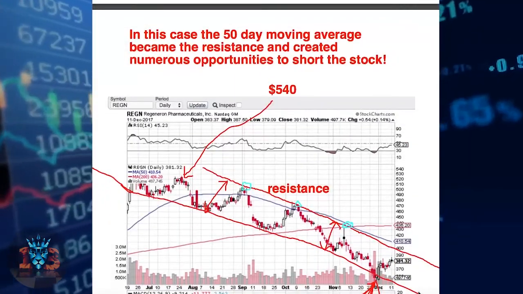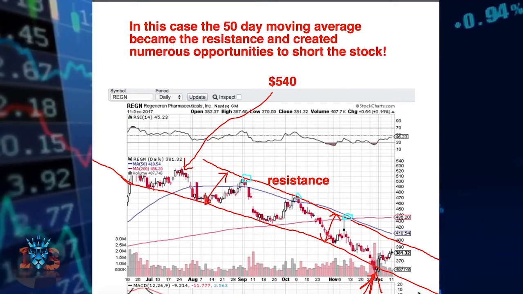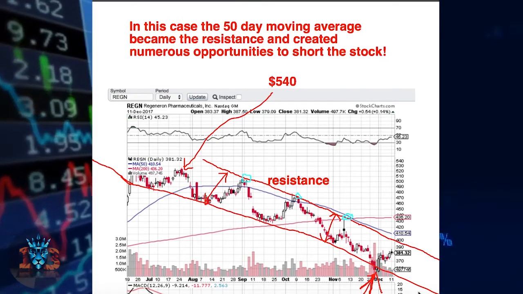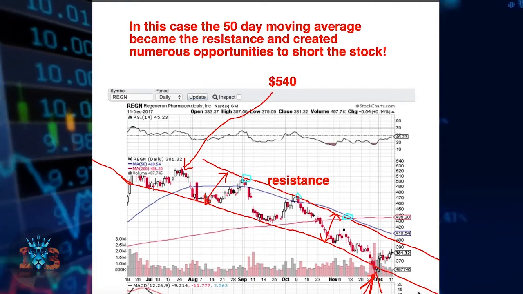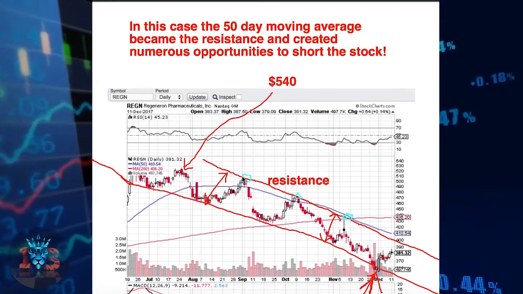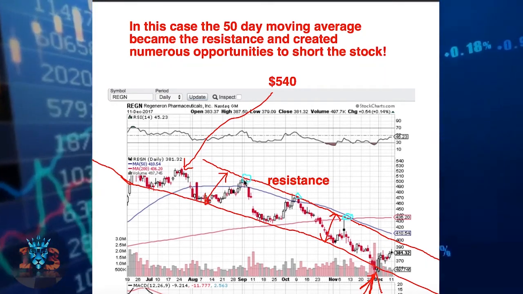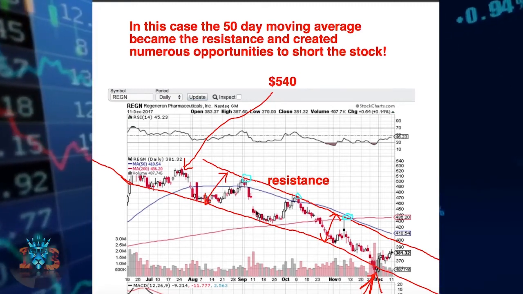In this case, the 50-day moving average became the resistance and created numerous opportunities to short the stock. So if you were to simply observe and draw the line for this resistance level, every time the stock got here, it was a very, very safe time to time this trend reversal opportunity, right?